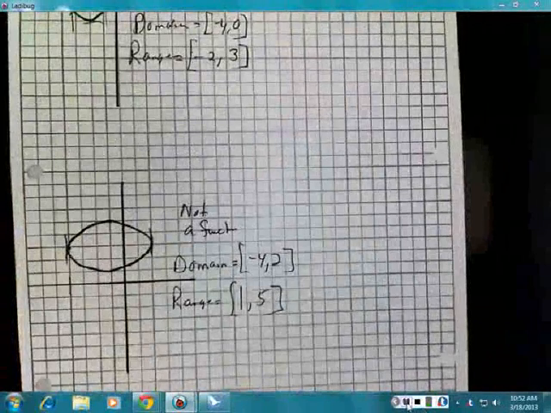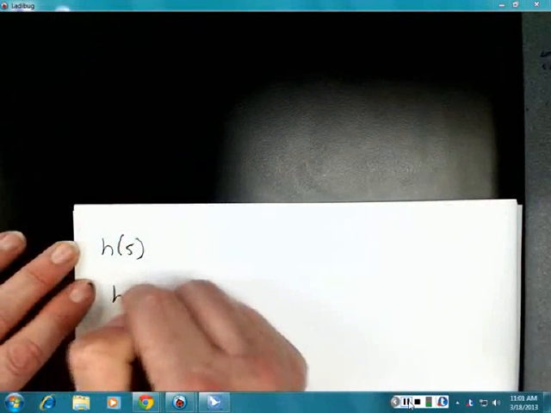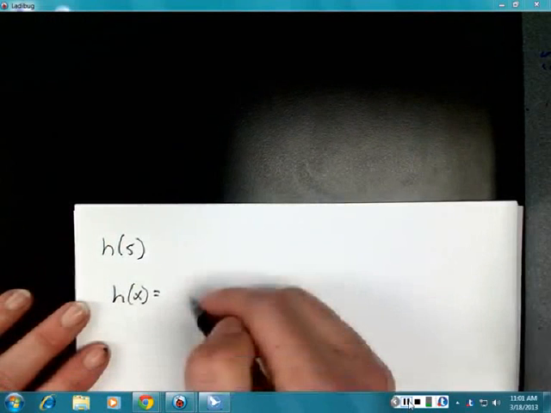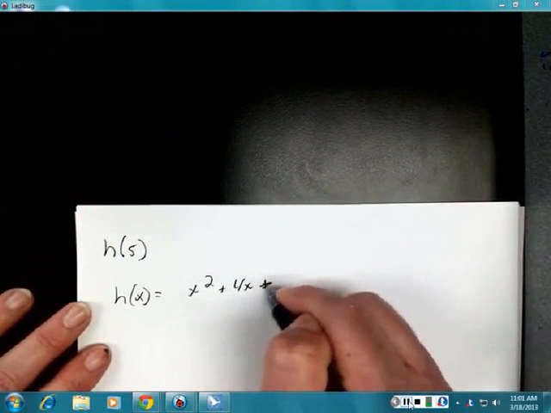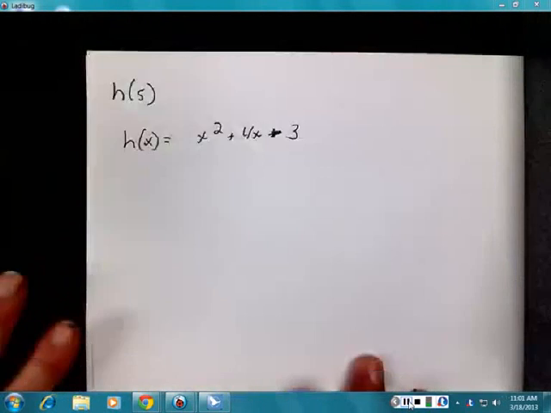So we got a little bit left of 9.5 to go. And that is where they give you a function and they ask you to plug in a value for it. Such as if they gave you h at 5, and they give you h of x is equal to x squared plus 4x minus 3.